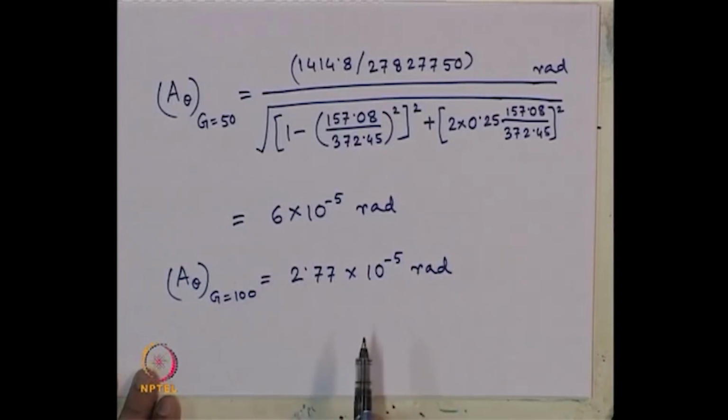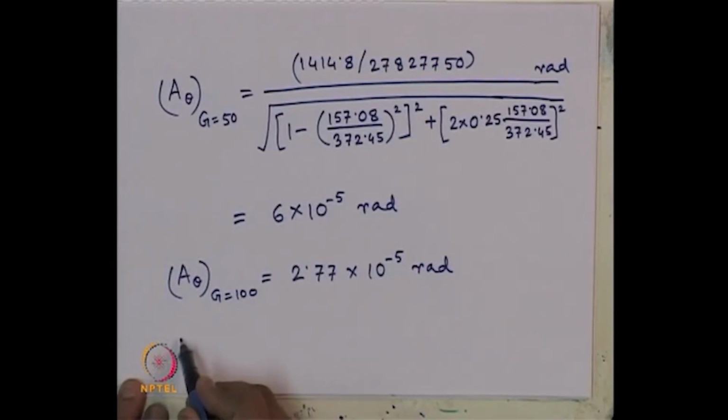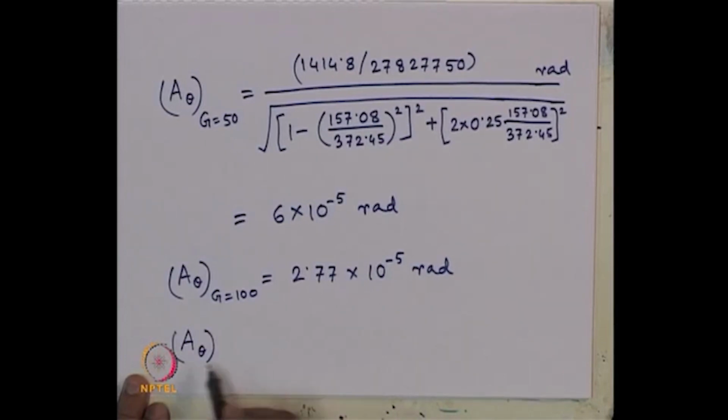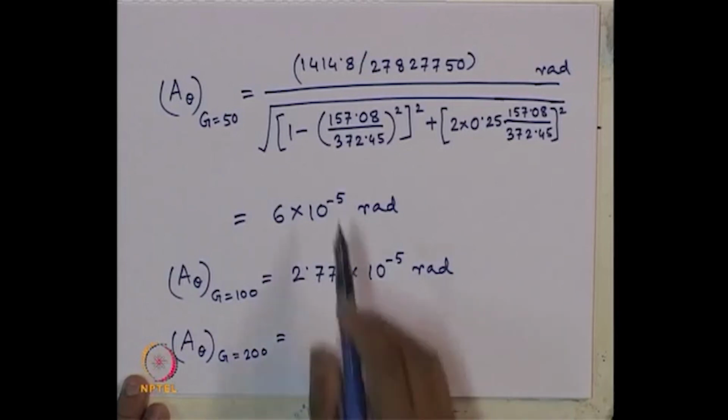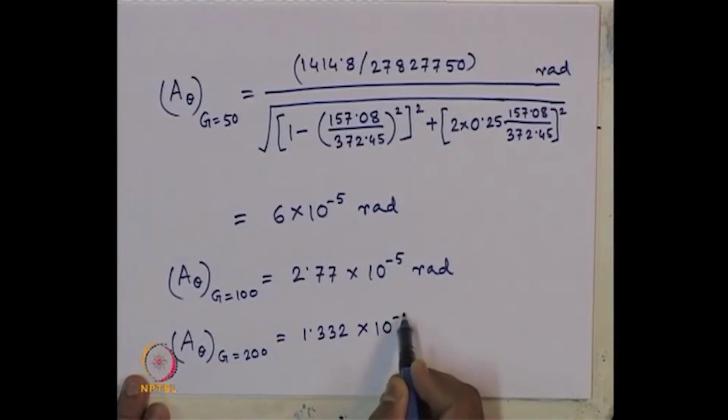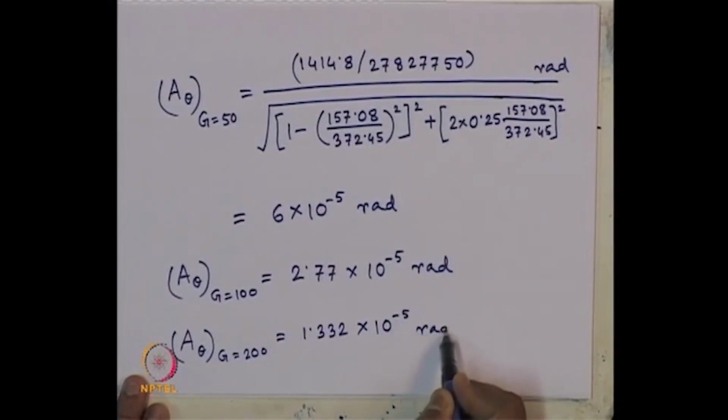And remember, these rotations are twist actually, angle of twist. So, linear dimension you can accordingly multiply to check with the 0.2 mm criteria. So, A theta for G equals to 200, by putting the corresponding values, we are getting 1.332 into 10 to the minus 5 radian. Okay.